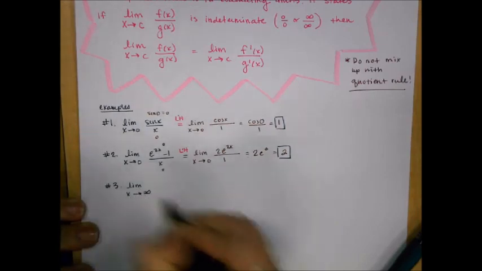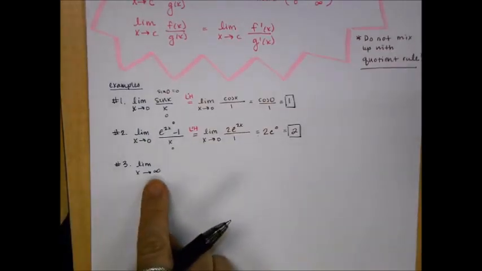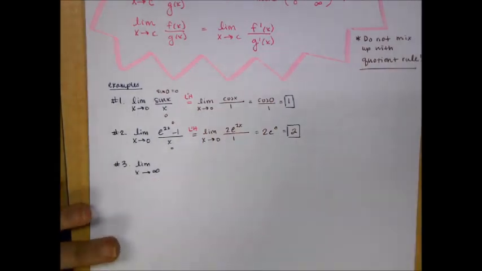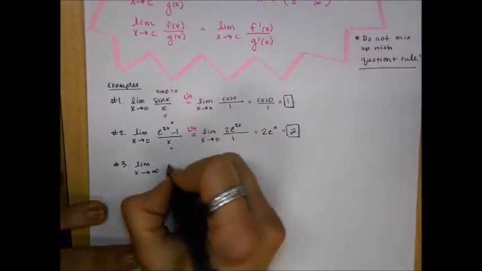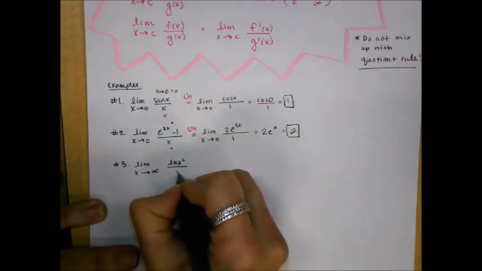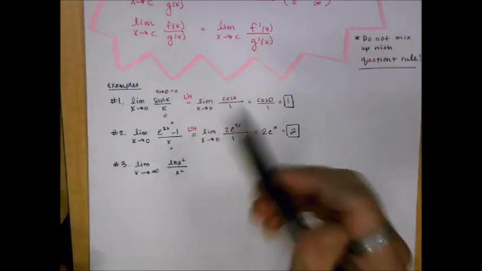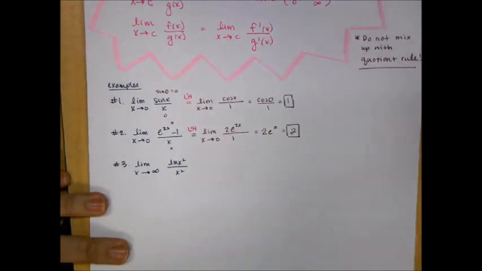All right, this one says the limit as x goes to infinity. Now, with infinite limits, you can use your shortcut of comparing top to bottom highest powers, but maybe we're not always really good at that. This one is natural log x squared divided by x squared, and in comparing the two, if you can remember the graphs, this one's pretty easy to see. It's simply comparing the rate of growth as time goes on.